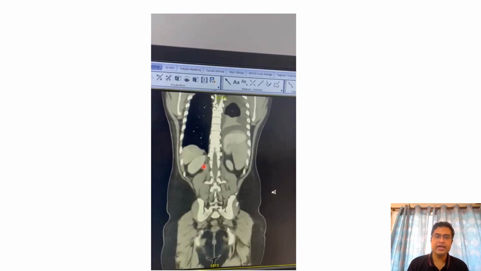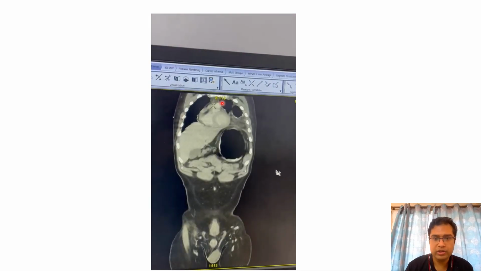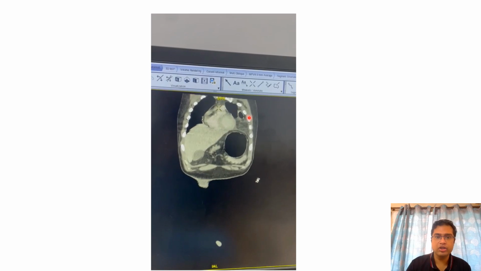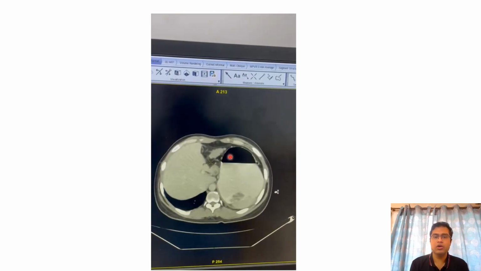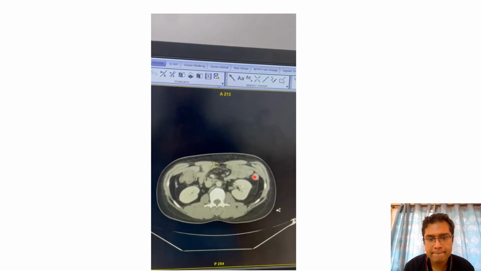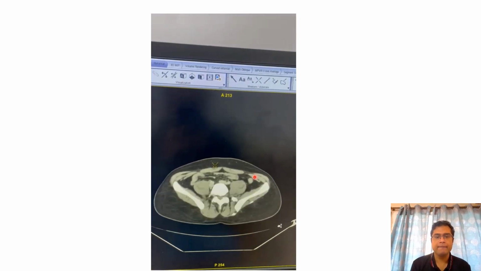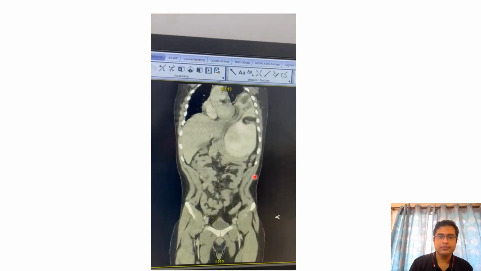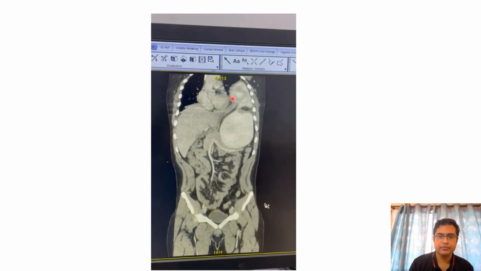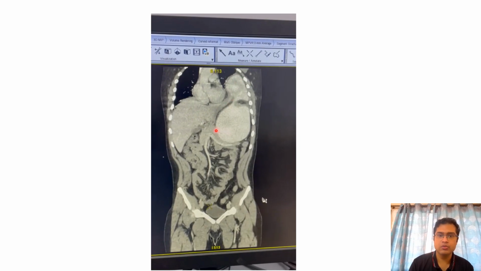So the stomach is actually upside down with the pylorus continuing with the duodenum here. This is the axial section, that was the coronal section. We can see the pylorus here, and this is the duodenum.